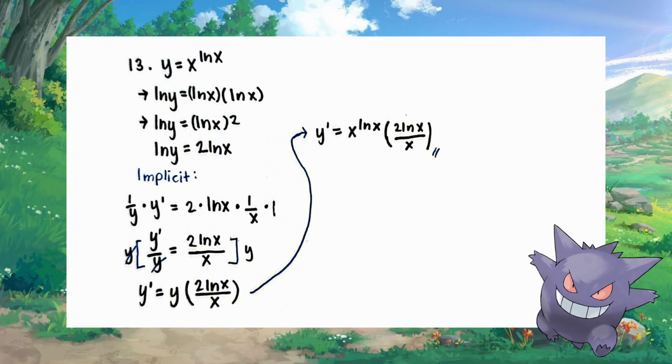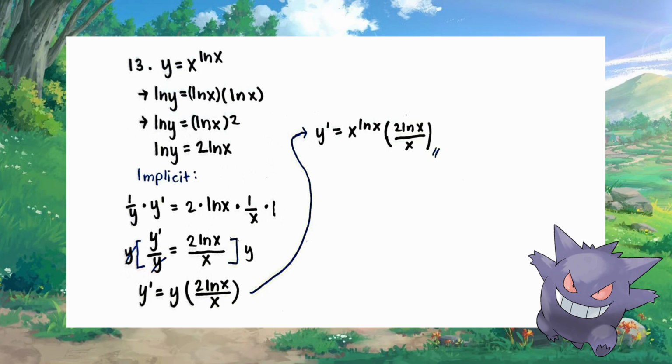And then simplify, 1 over y times y prime is equal to y prime over y is equal to, on the right side, 2 times ln of x times 1, which is 2 ln of x over x.